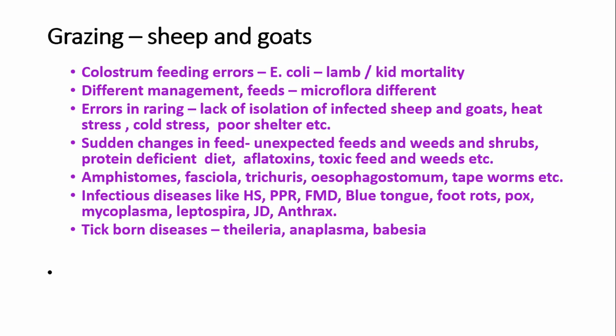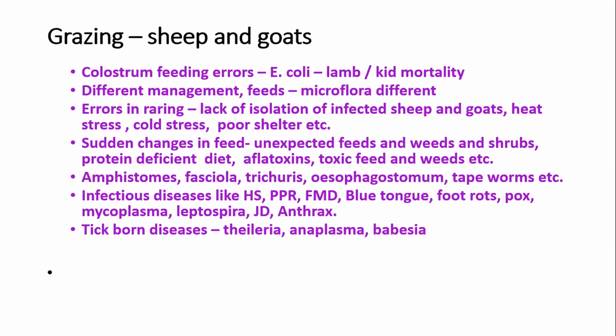Then sudden change in feed, because grazing animals are daily exposed to unexpected feed, so they don't know what type of feeds are there. Unexpected feed is a constant predisposing factor for different diseases. Then weeds are different, shrubs are different.